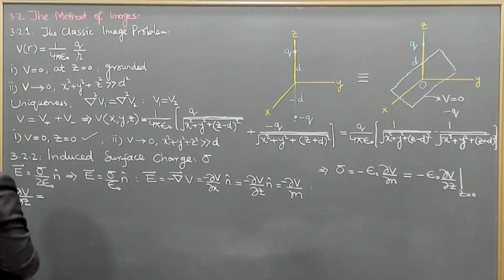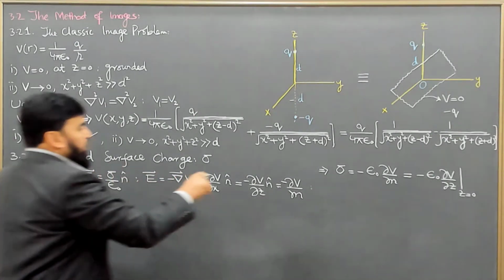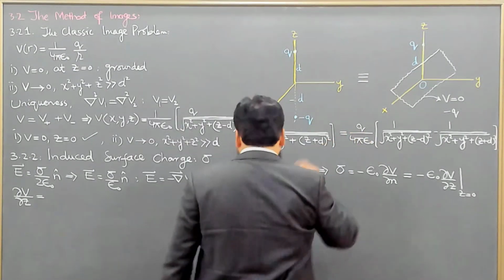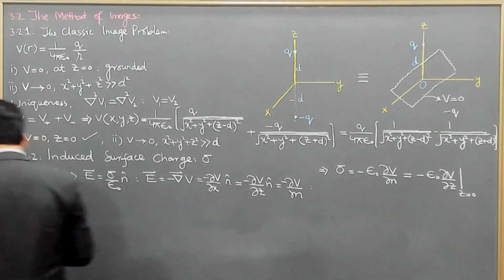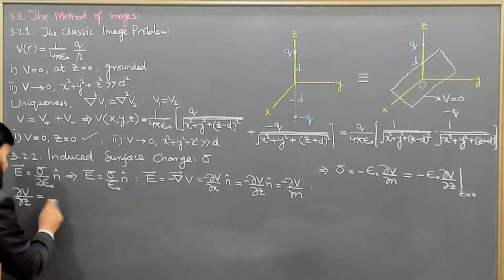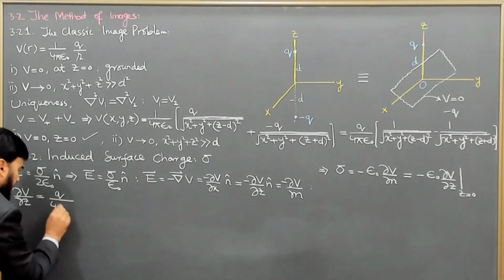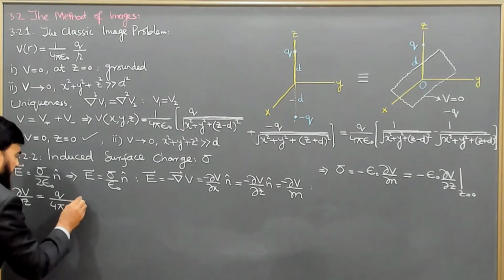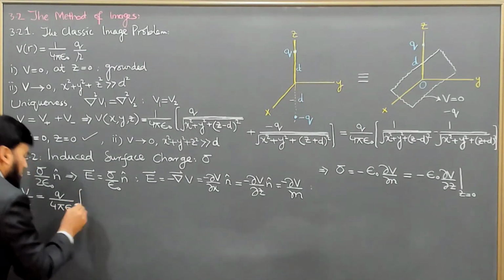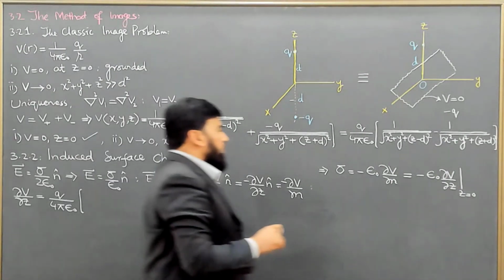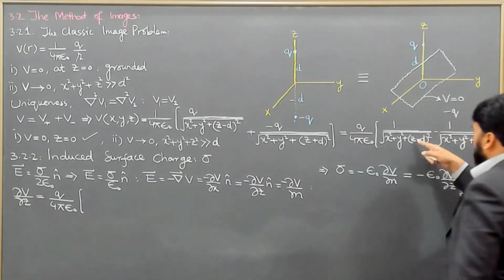I can write Q over epsilon naught here, 4 pi epsilon naught is here. So this is q over 4 pi epsilon naught, and now the denominator is having z here.